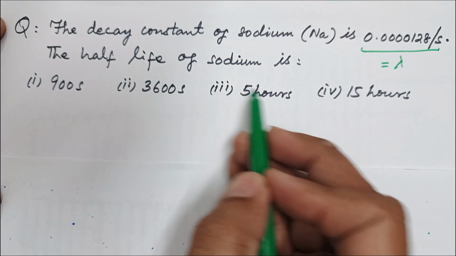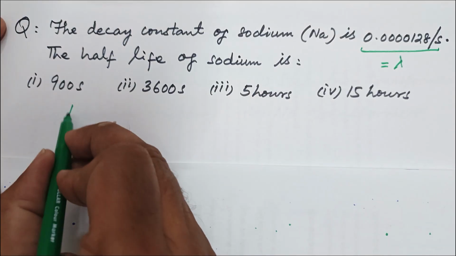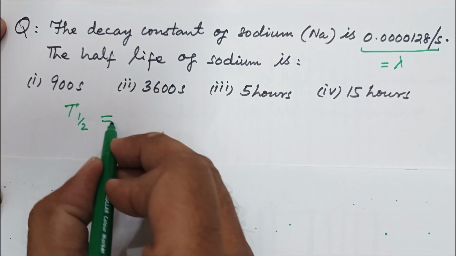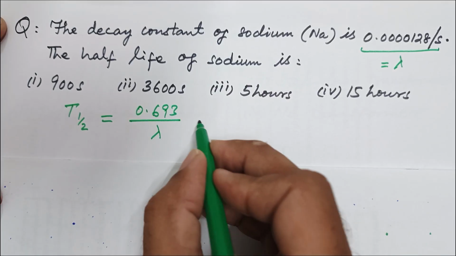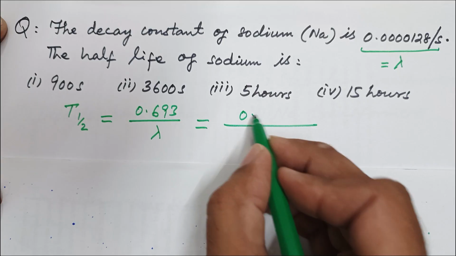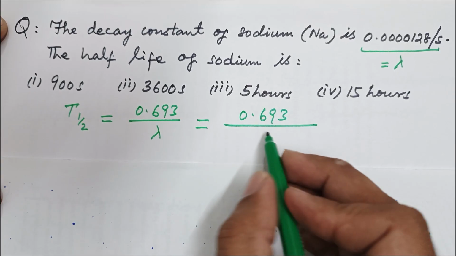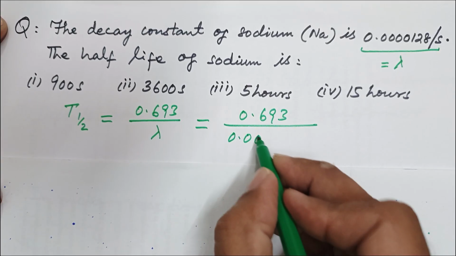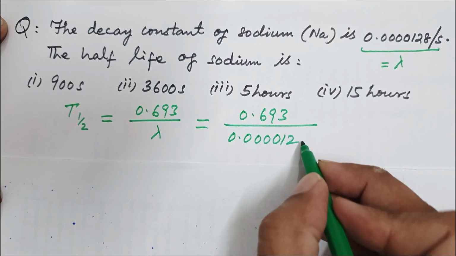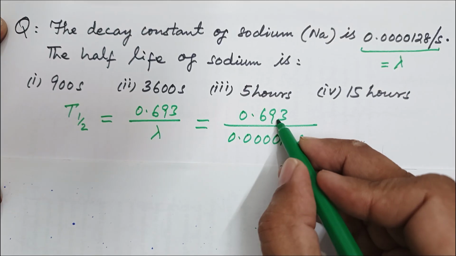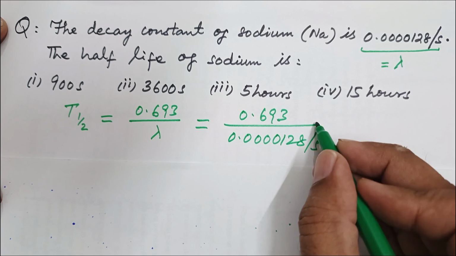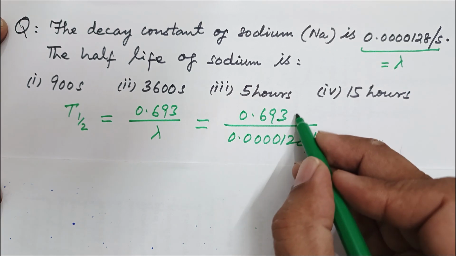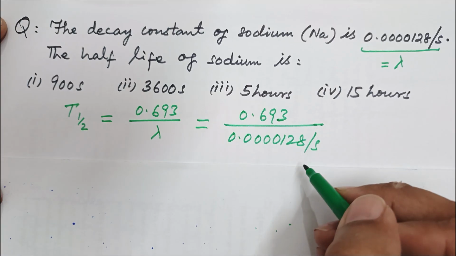The half-life of sodium, we know the formula, T half equals 0.693 over lambda. So here we have 0.693 divided by 0.0000128 per second. When this second goes up, this becomes seconds over here.